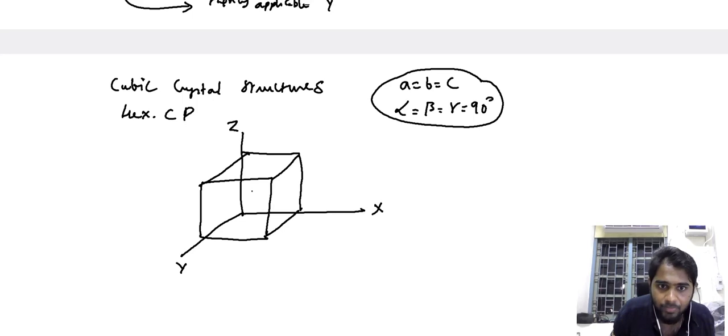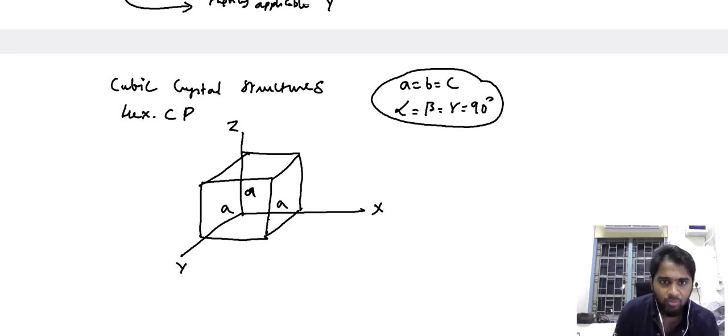Since we already know that all the sides are of equal size in cubic crystal structures, all these lengthwise parameters are identical and equal to A. Any point within this unit cell can be described using this characteristic lengthwise parameter, rather than Cartesian coordinates.